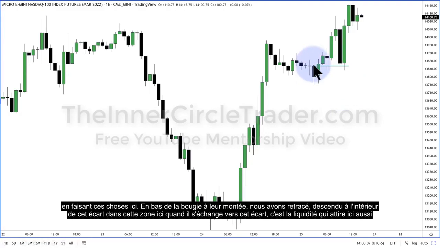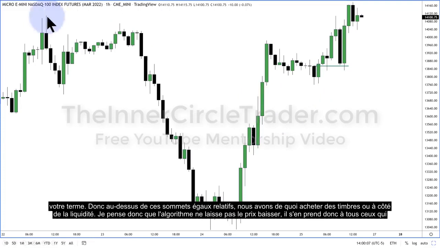Down close candle. After a run up, we retraced, went down inside this gap. See that? When it trades down towards this gap, this is the draw on liquidity up here as well, near term. So above these relative equal highs, we have what?